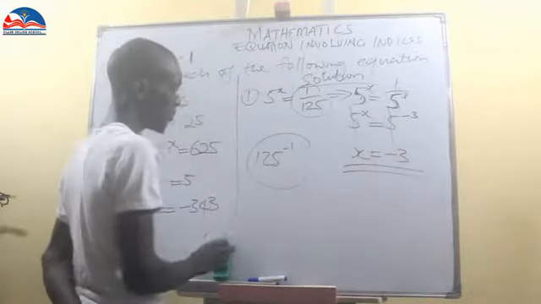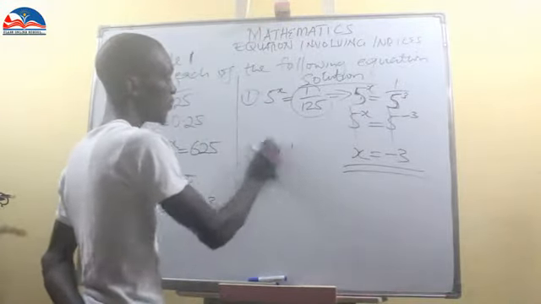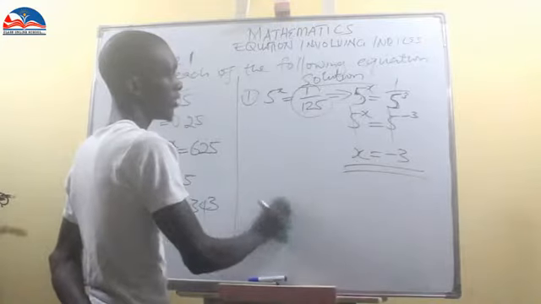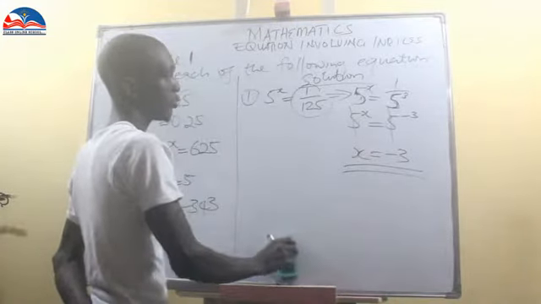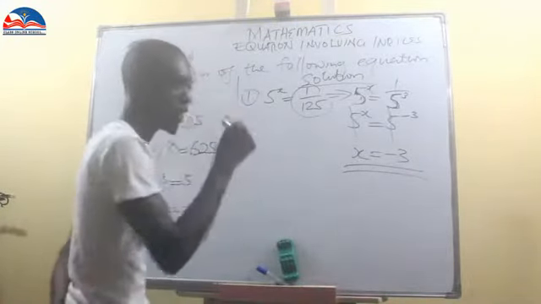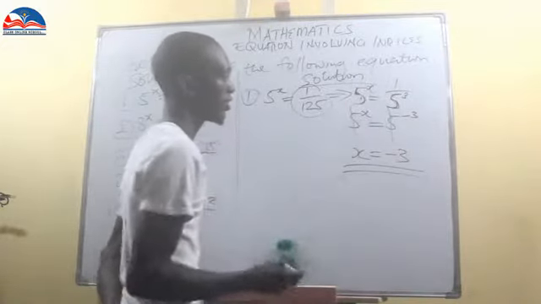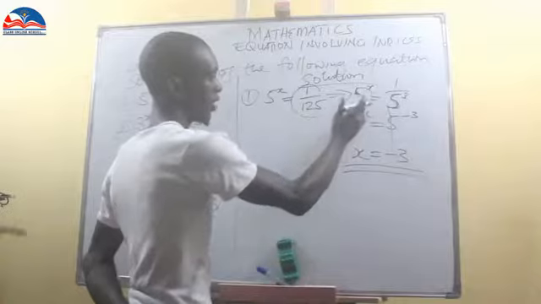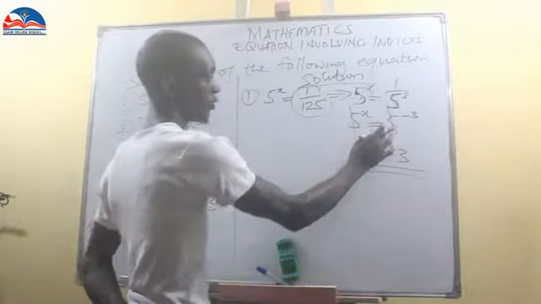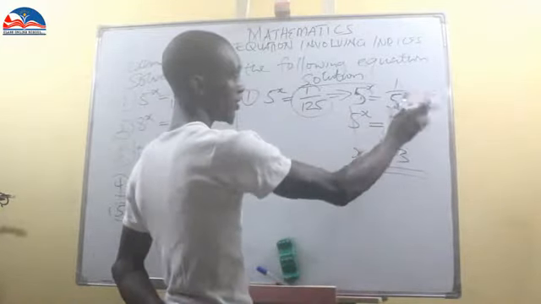So I put it in the base that will enable me to eliminate the base. If I eliminate the base, I'll be left with the index. That's why I said 5 index x is equal to 5 index minus 3.